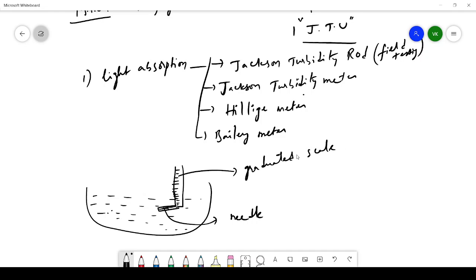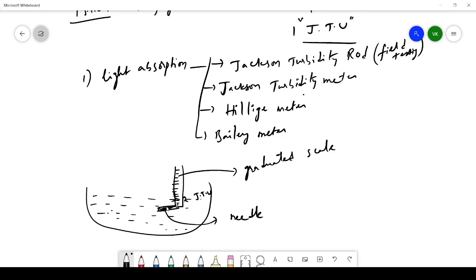So what you have to do is dip this Jackson turbidity rod in the water until you are not able to see the needle. Let's say up to 2 JTU, you immerse this rod in the water, but still you are able to see this needle.